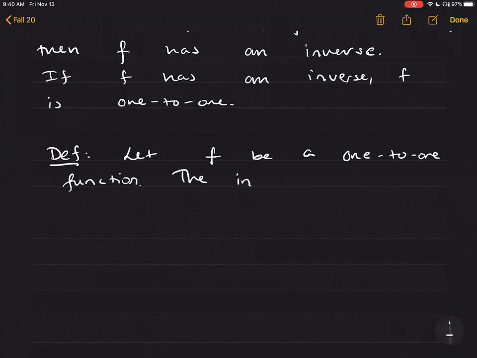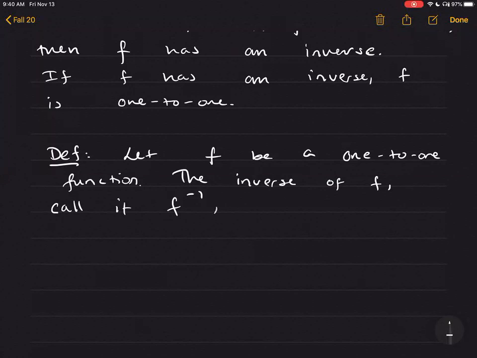The inverse of f is usually denoted by f inverse, so f with a superscript -1.